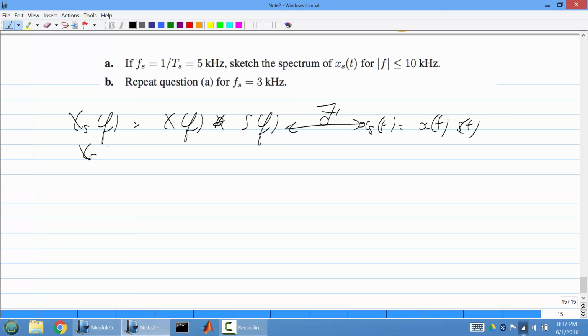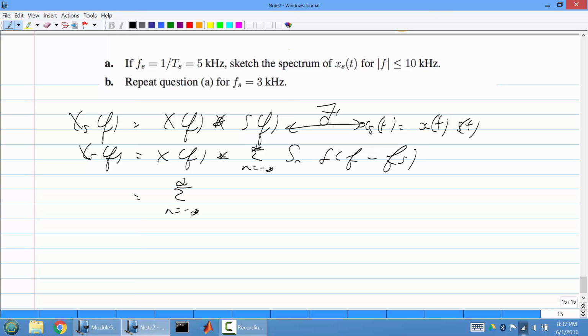So if this is my signal, then I convolve this with the impulse train, which is already given to us, delta of f minus n f s. The output would just simply be copies of the spectrum of the original input that are scaled by the Fourier series coefficients, so X of f minus n f s. Sorry, there's an n here.